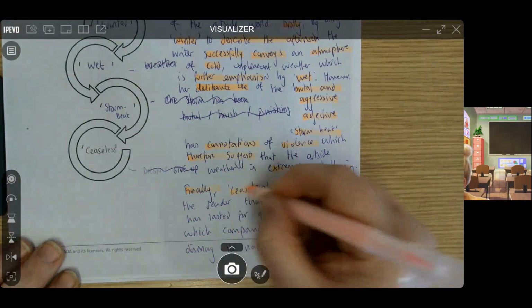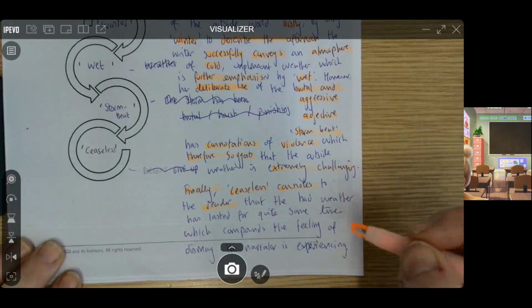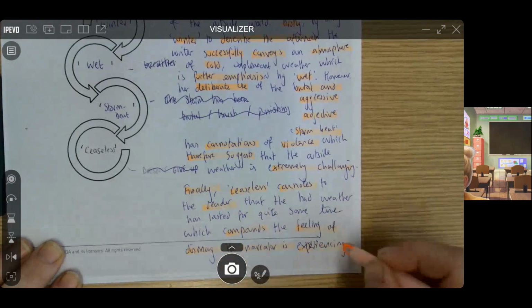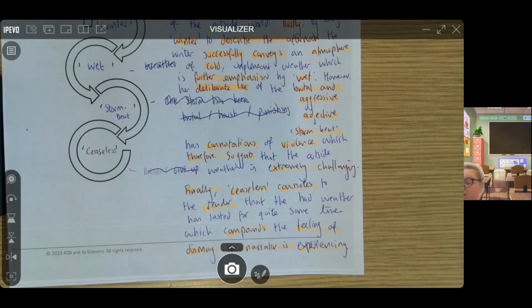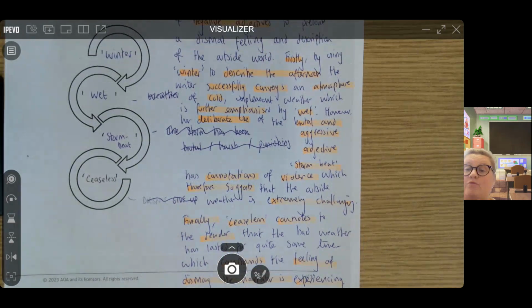Finally, ceaseless connotes to the reader that the bad weather has lasted for quite some time, which compounds the feeling of dismay the narrator is experiencing. So rather than write something shallow and surface based on adjectives, by looking at the cumulative effect of the adjectives, we're able to create something that is meaningful and powerful.